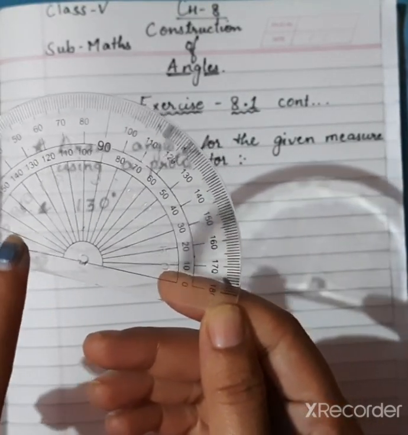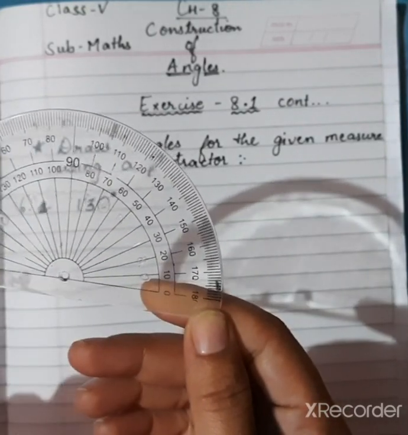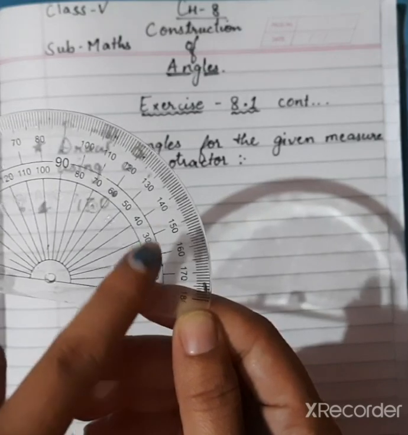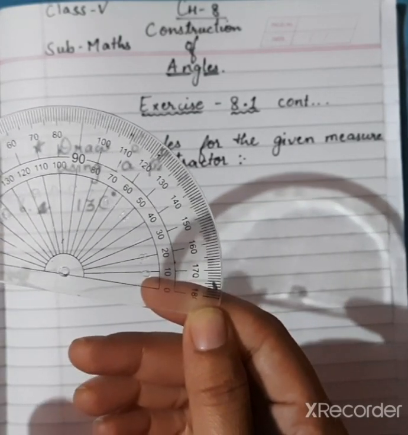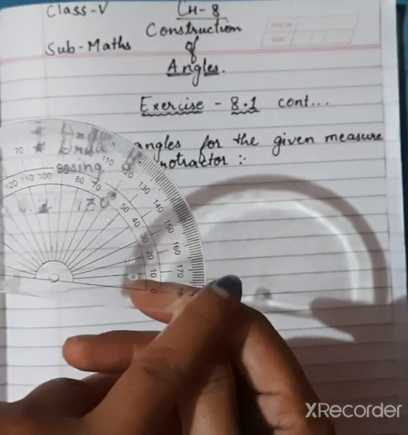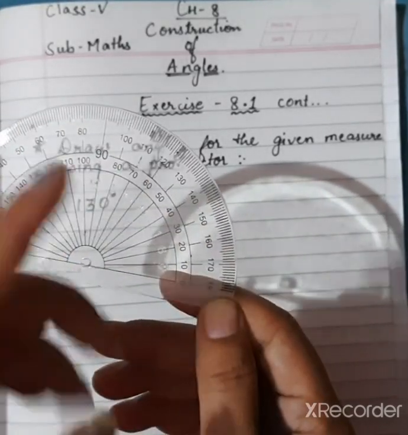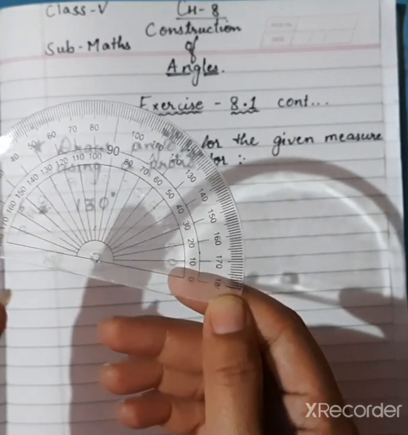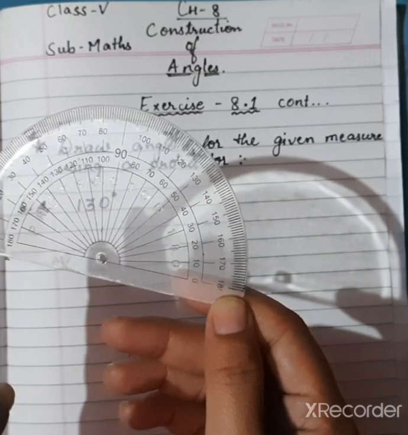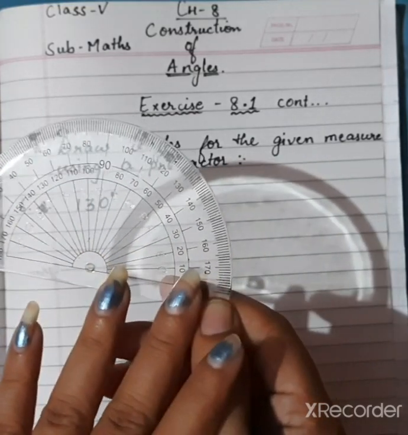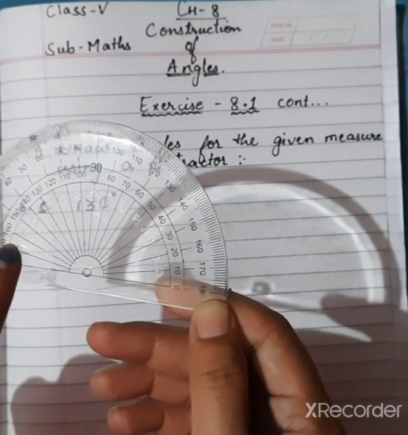So don't be confused, you have to use the inner marking always, from 0 to 180. The outer marking is used when you are drawing the angle on the left hand side. But for our convenience, we are always drawing on the right hand side. That's why we have to use the inner marking.